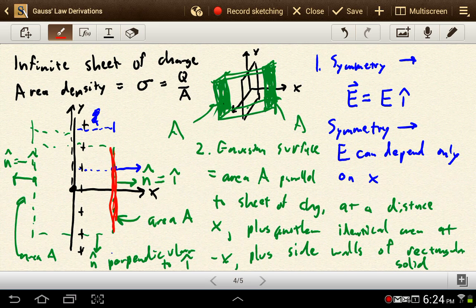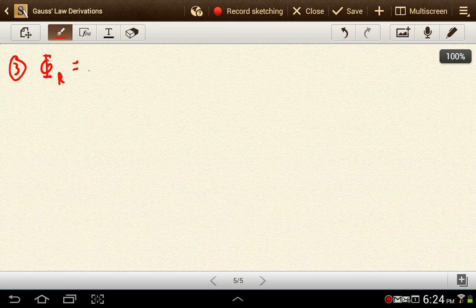We know that the electric field along that surface, because that entire surface is a distance x away from the sheet of charge, is going to be constant everywhere on that surface. That means we can go ahead and use this formula here.